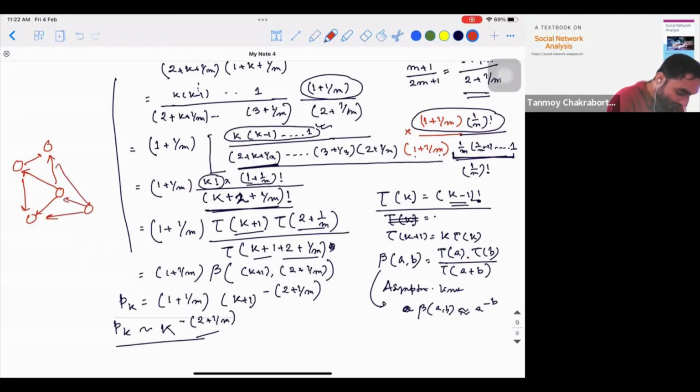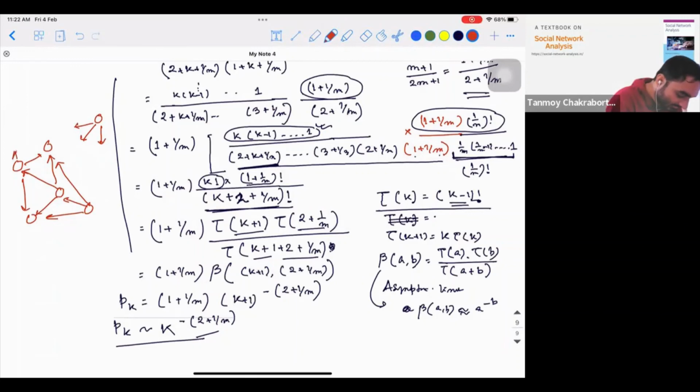Let's assume that a new node is coming in with out degree 3. It is called vertex copying because when the new node comes in, it chooses an existing node uniformly at random and copies its edge distribution.